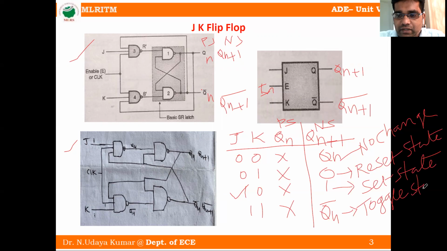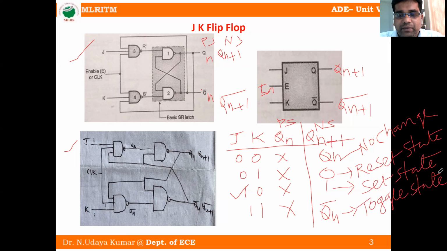Toggle state. So you can see in the SR flip-flop one state is wasted because of the indeterminate state. We got the next state and the complement of the next state as only one value, so it is practically not possible.